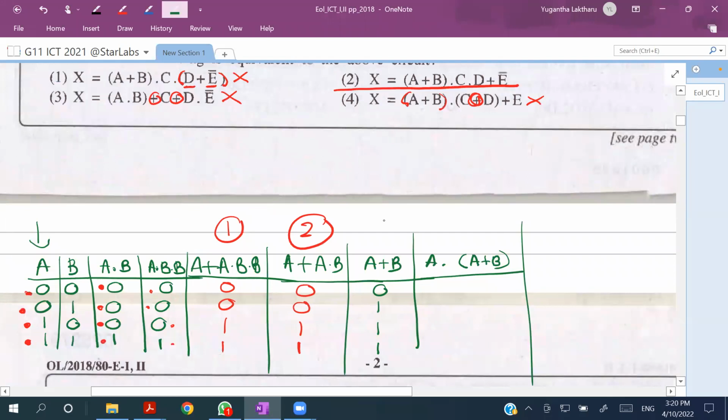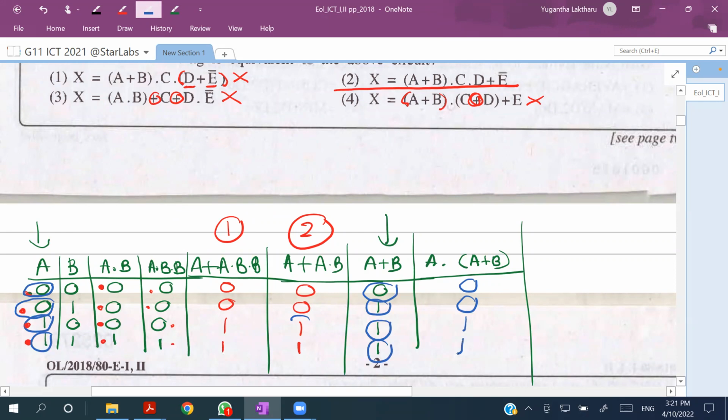The A and this particular one, right? So 0 and 0 going to give you a 0. It's a multiplication that we are doing. 0 dot 1 going to give you a 0. 1 dot 1 going to give you a 1. 1 dot 1 going to give you a 1.